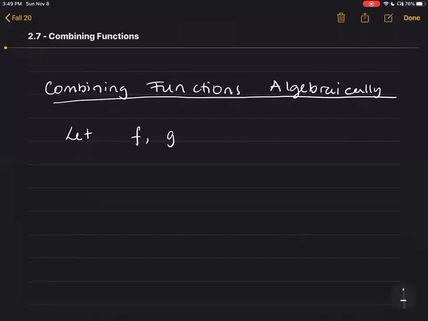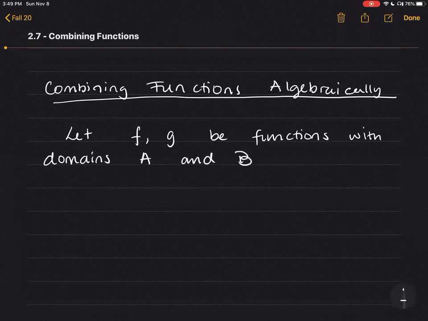Let f and g be functions with domains A and B. So here A and B are sets. They're intervals, usually, respectively. So f has domain A and g has domain B.